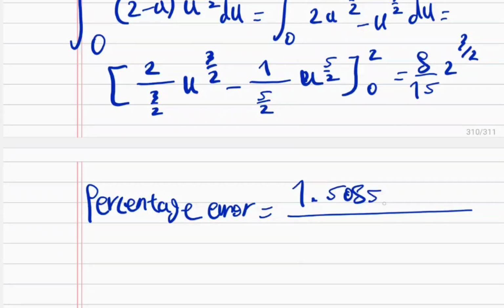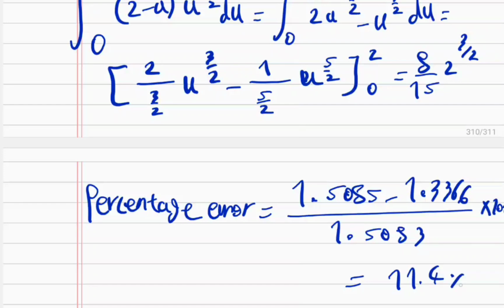So the exact value is 1.5085, the value we found from the analytical integration, and then we take the numerical value from the trapezium rule, find the difference, and divide that again by the exact value. It gives us 11.4%. So that's the error.